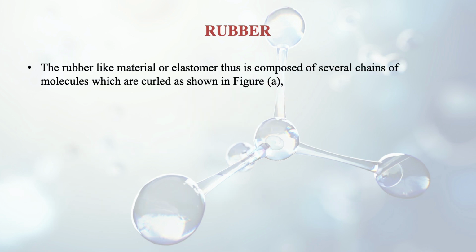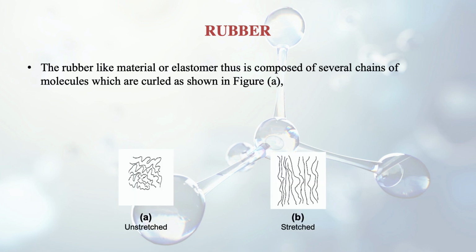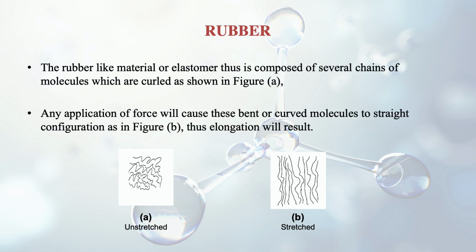So this rubber-like material, or the elastomer, is composed of several chains of molecules which are curled, as shown in figure A. You can see there, this is the unstretched type. They are curled with each other. And any application of force on this curled structure will cause the bent or curled molecules to straighten up.